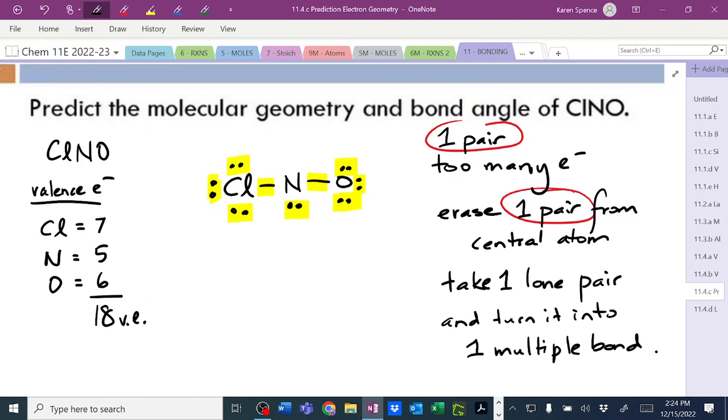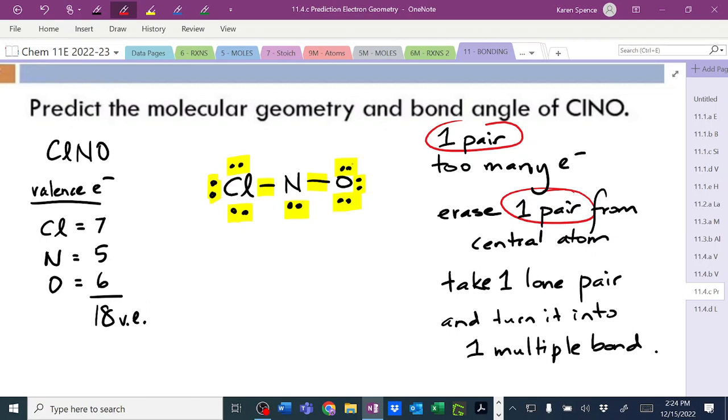Okay? So let us take 1 lone pair. Who should I take it from? Should I take it from chlorine or from oxygen? How many bonds does chlorine like to form?